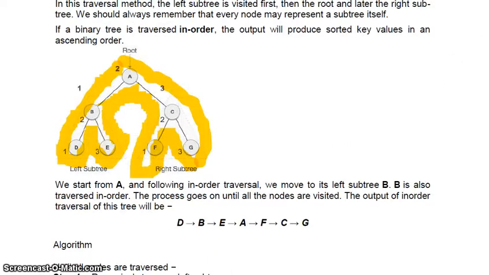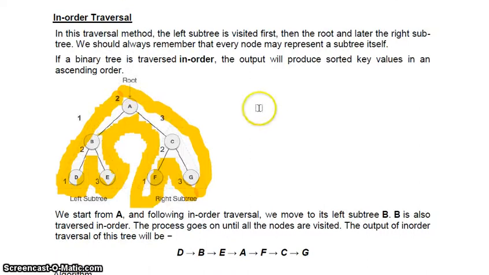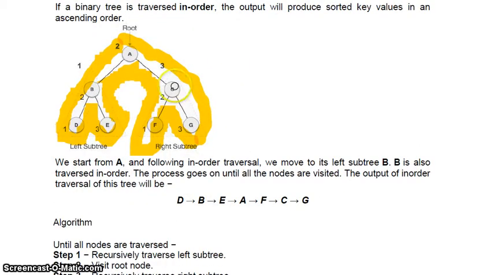I will give a hint here. Instead of following these steps directly, we can write the in-order traversal of this particular tree. This is the in-order traversal of this given tree. First I will draw a line like this which shows the path, which will show the flow.